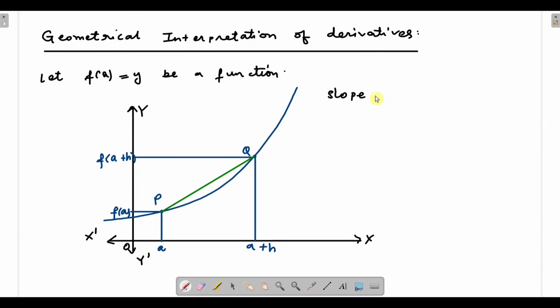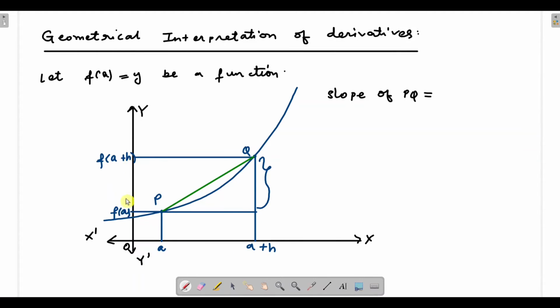So slope of PQ is nothing but, see, for finding slope what you want. So if you extend this line here, okay, like this. So now if you look at this distance, what is this distance?